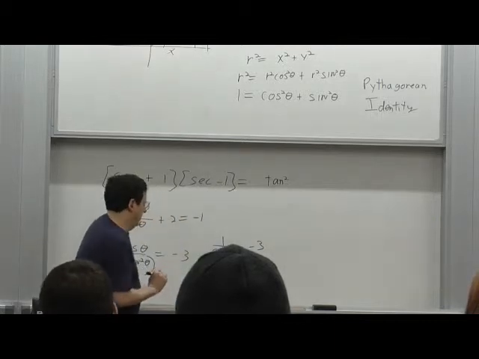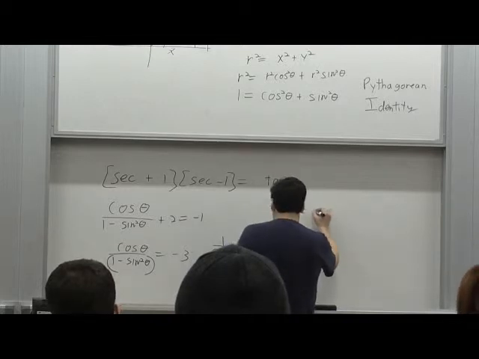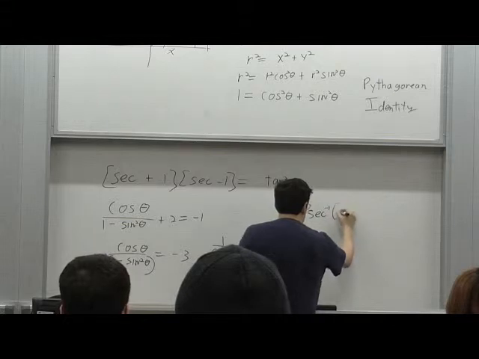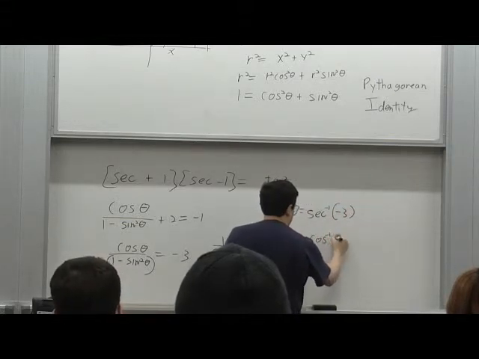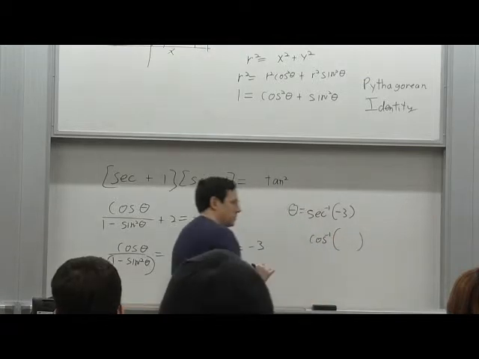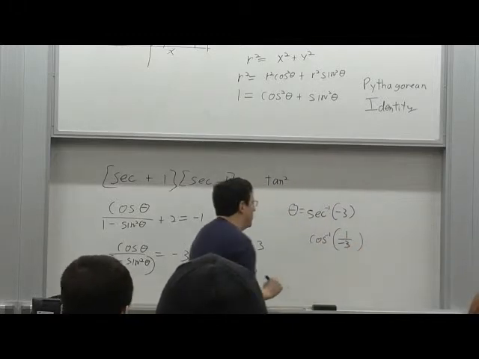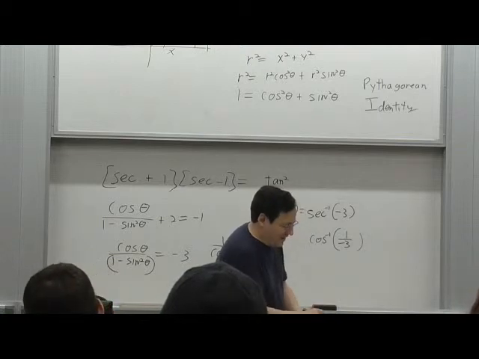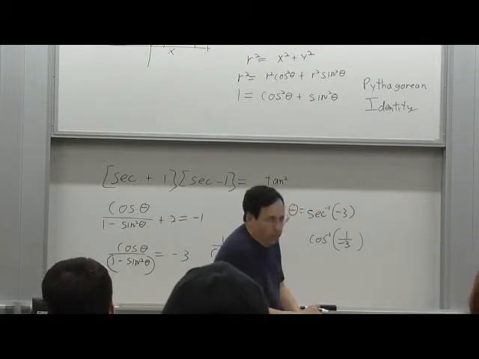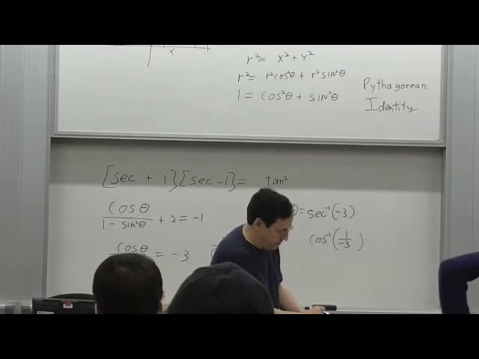And really theta is the secant inverse of minus 3, but that's just what? Cosine inverse of 1 over minus 3. Okay. This didn't say anything about solve for all values, so just whatever the calculator pops out would be fine in this case.